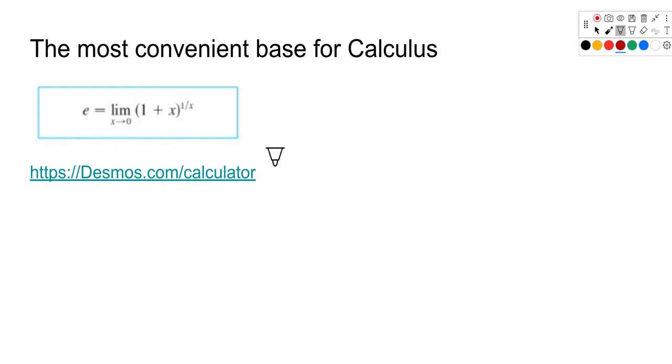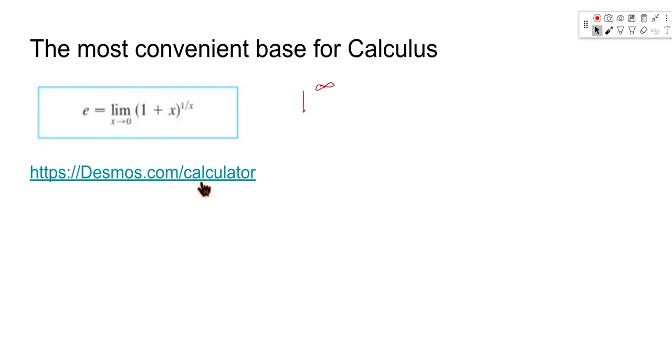Notice if you let x become 0, then 1 over 0 would be infinity, so it's like 1 to the infinity power, and what does that mean? I want to show you, by using limits, this number e. What does that mean? It means it's not going to infinity on either side.